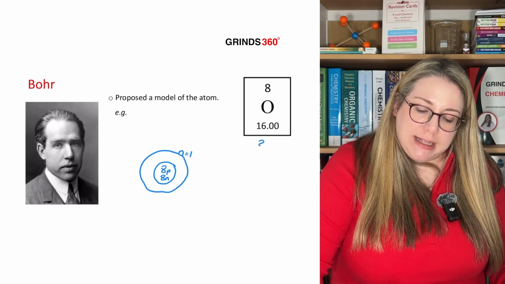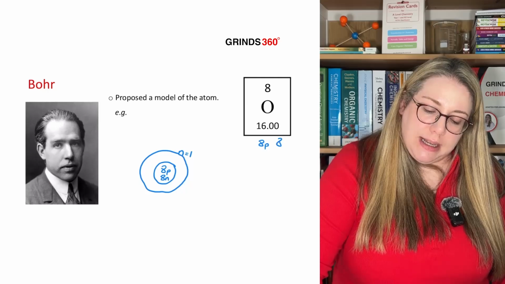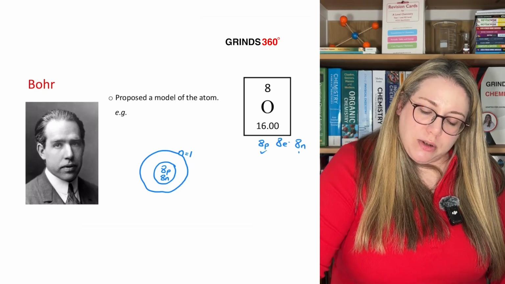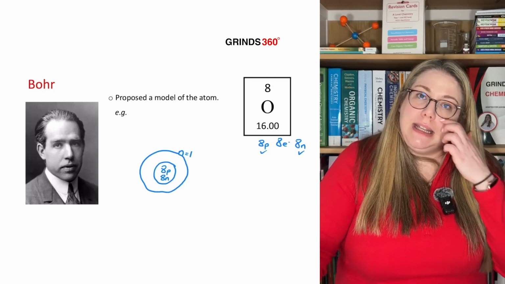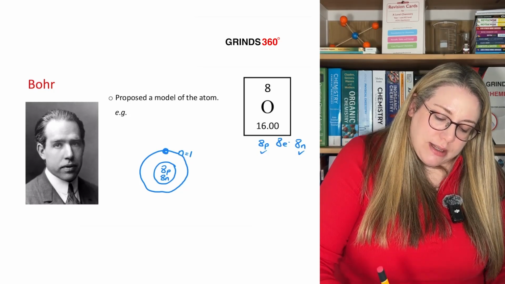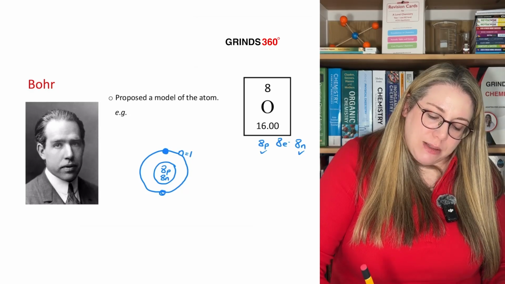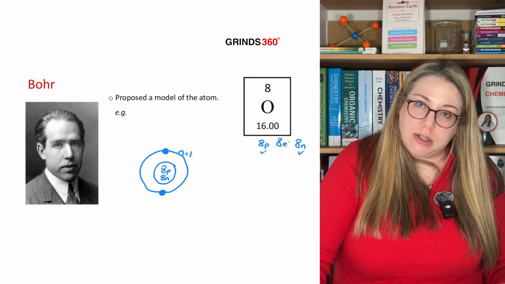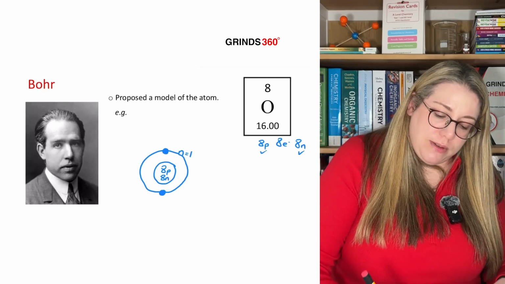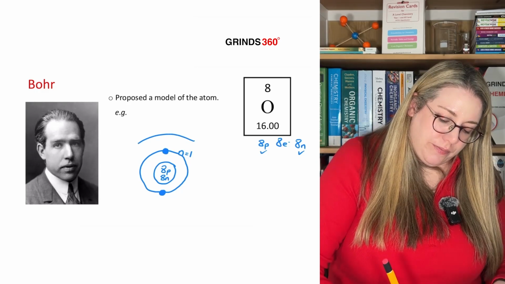Now, oxygen has, we said, 8 protons, 8 electrons, and 8 neutrons. Well, your protons and neutrons are already filled in. Now we need to fill in the electrons around the nucleus. You have 2 electrons in the first energy level, and there can't be more than 2 in the first energy level. The first energy level is full, move out. Now we move into n is equal to 2.